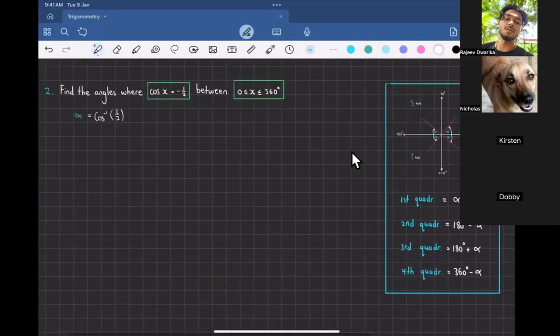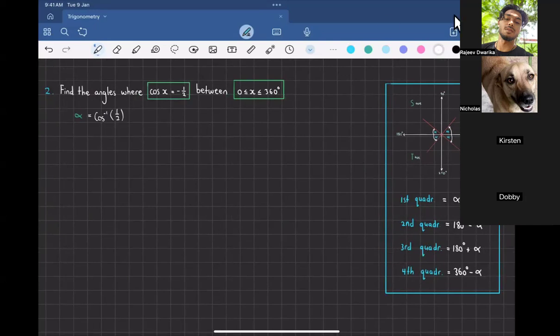And Kirsten, if you want, you could tell me what quadrant your answer would be in. Would it be in first, second, third, or fourth? And tell me, Kirsten, is cosine positive or is cosine negative?